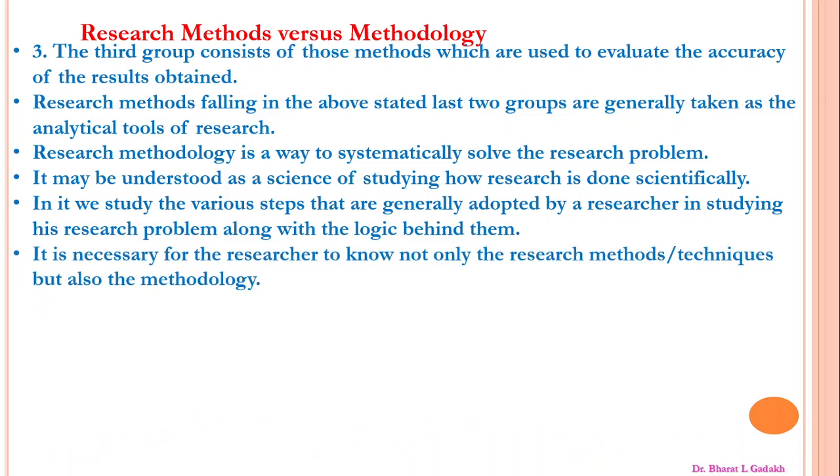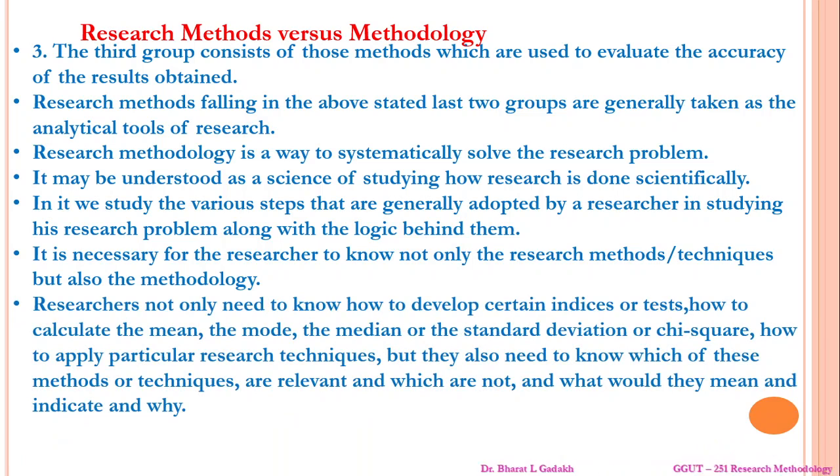Now, it is necessary for the researcher to know not only the research methods and techniques but also the methodology. Researchers not only need to know how to develop certain indices or tests, how to calculate mean, mode, median, and standard deviation, chi-square test, and how to apply a particular research technique, but they also need to know which of these methods or techniques are relevant and which are not, and what they would mean and indicate and why.